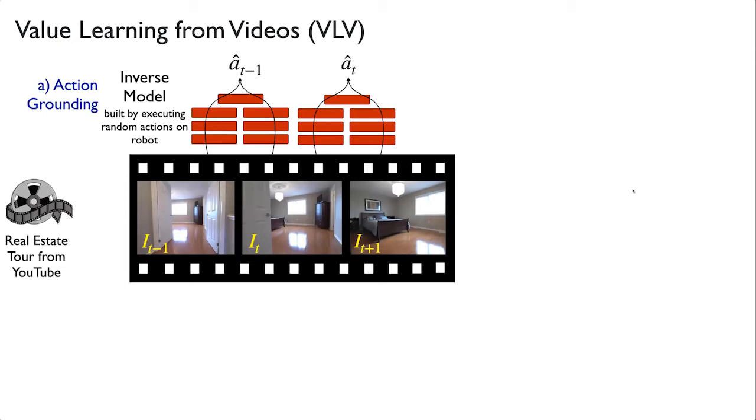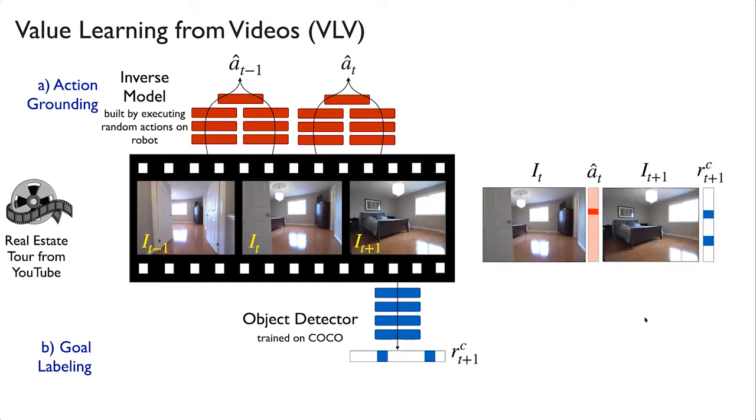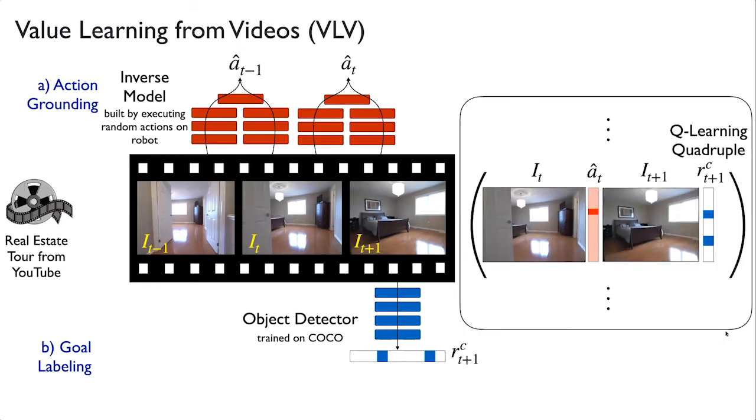So that's what these actions are. We can do goal labeling by running an object detector. We take this frame and run a COCO-based detector, and then we can label it with rewards, right? So if a bed detector fires, I know that there is a bed over here. And now you can take these four pieces and you can form Q-learning quadruples.